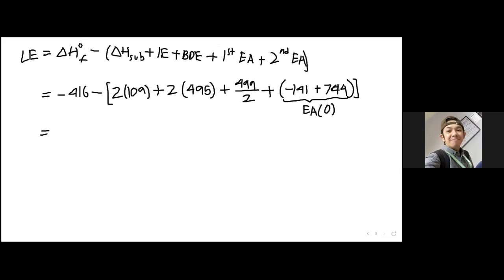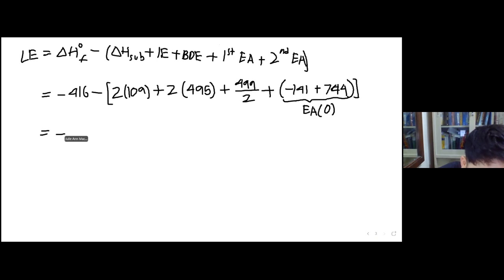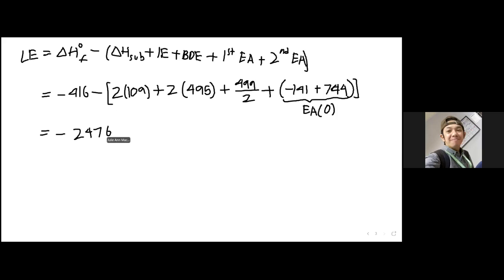Okay, good. So we'll now have the final value for your EA. Go ahead, calculate it first using your calculator. Equals negative 476.47 kJ per mole. Good.